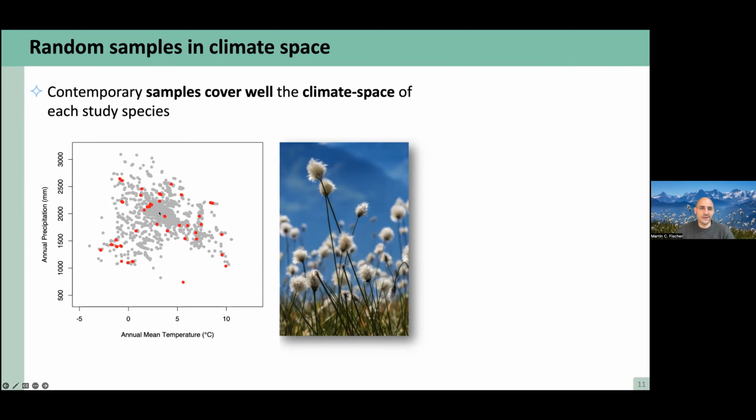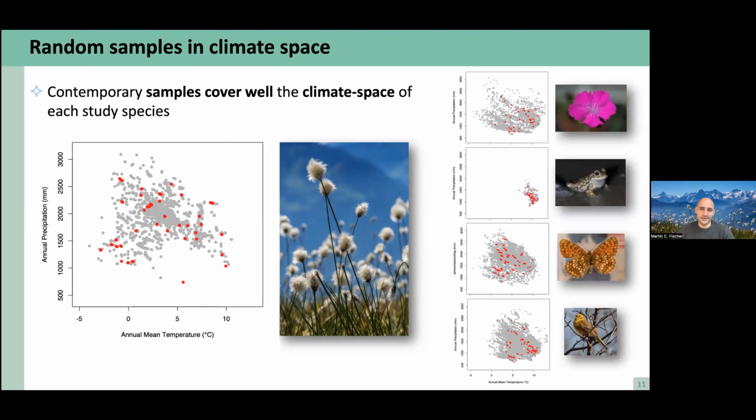And you can see that the climate space is all the gray dots of this species, and the red dots are those which we have sampled, and I think our sampling really shows that we have a nice random sampling, not only on the geographic scale, but we also have a nice random sampling in the climate space of this species. And this is true for all 5 species.